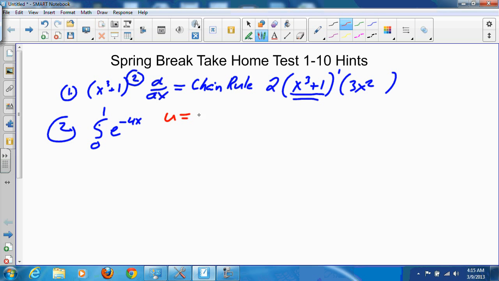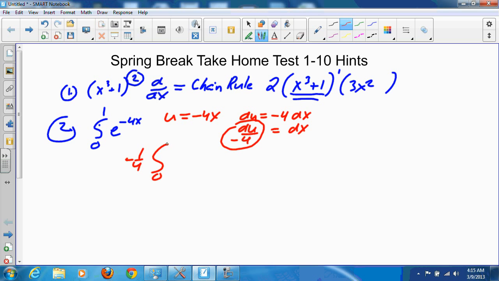So we'll set u equal to negative 4x, and the derivative of that, of course, would be just negative 4 dx, and dx would be du divided by negative 4. So substituting that back in, you'll see that negative 1/4 can just become a constant, which we'll pull out in front, and then we have e to the u du.